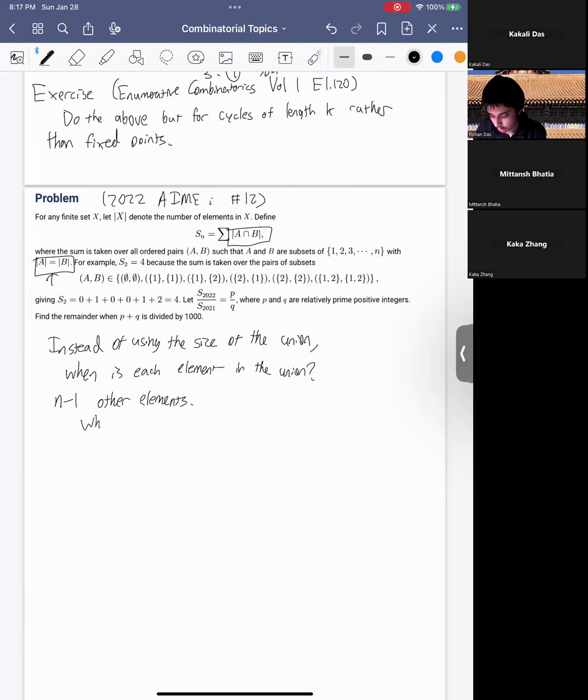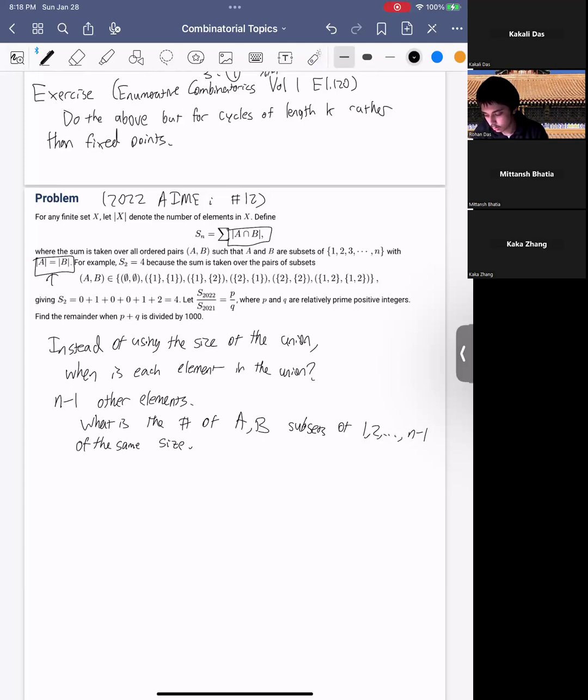So we want to find the number of A, B that are subsets of 1, 2 until n minus 1 of the same size. And this is how we reduce a very ugly condition about the size of a union to a much more nice one about subsets of a certain size.